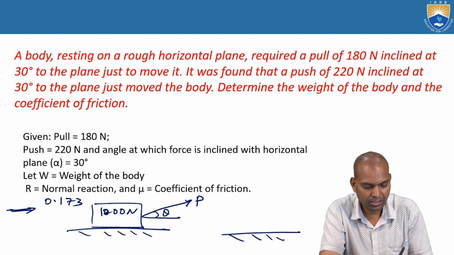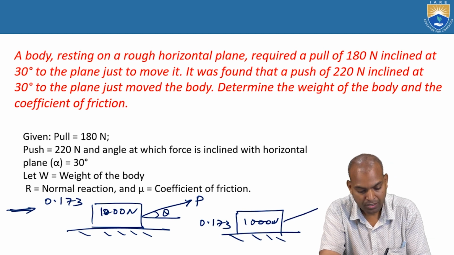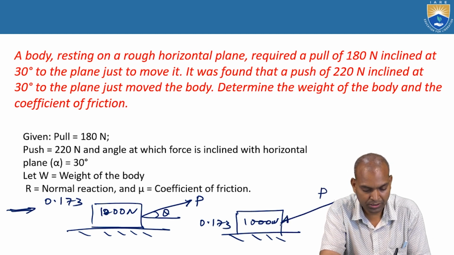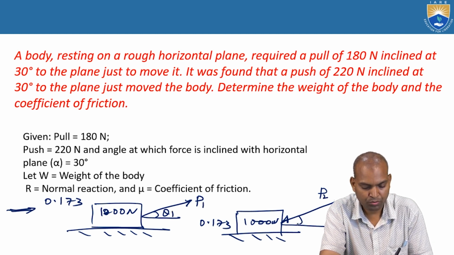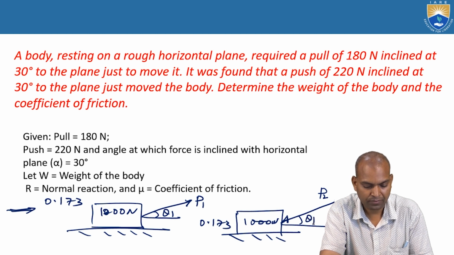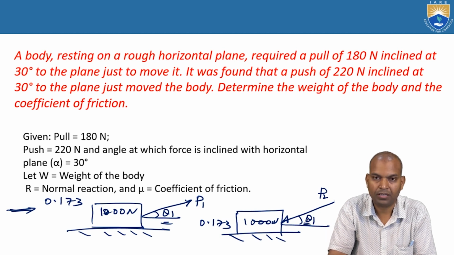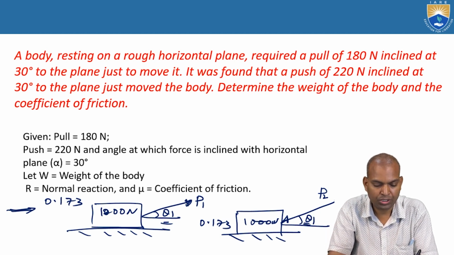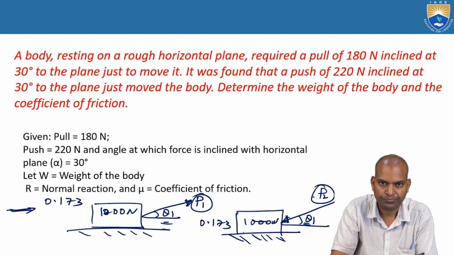Similarly, for the 1000 newtons load with coefficient of friction 0.173, how much effort is required for pushing? The pulling effort is P1 and the pushing effort is P2, at the same angle of inclination theta 1. You can find out P1 and P2 for the same weight.